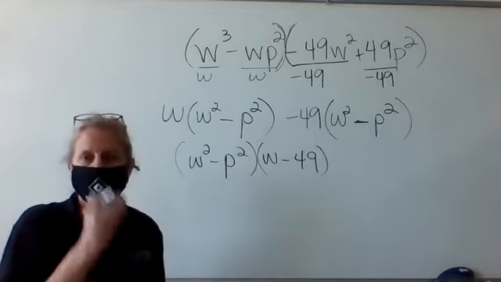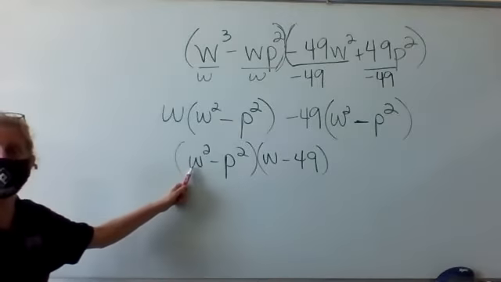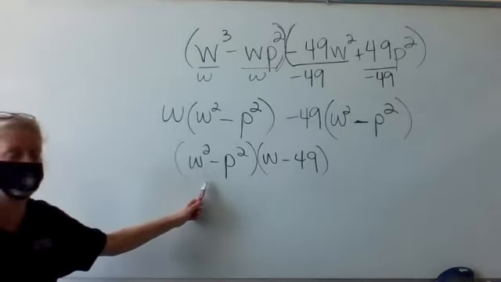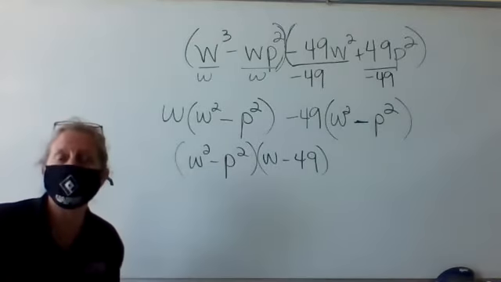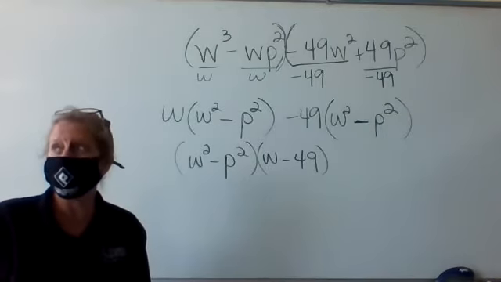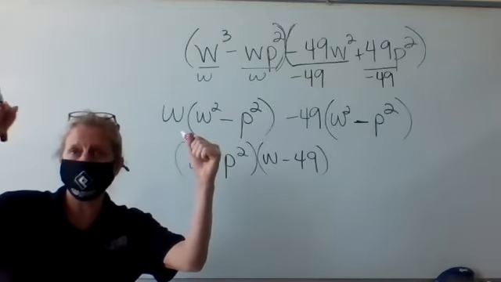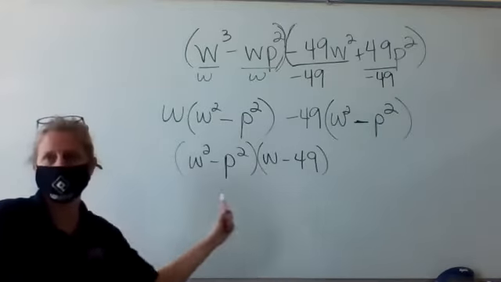I can't do that with just the W. So look at this one though. Its W is squared, which means I do need to look at the other one. That's squared too. Even though it's not a number, it's still a difference of squares. They're both squared, which means this one can go again.